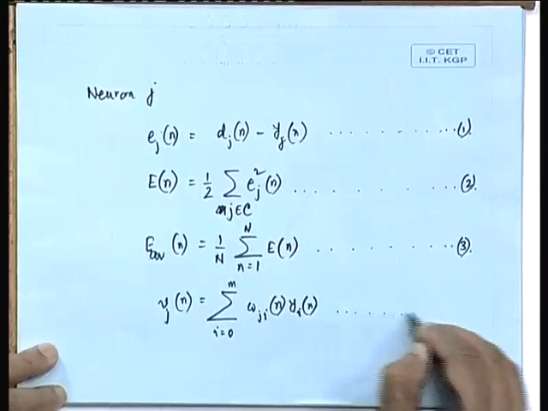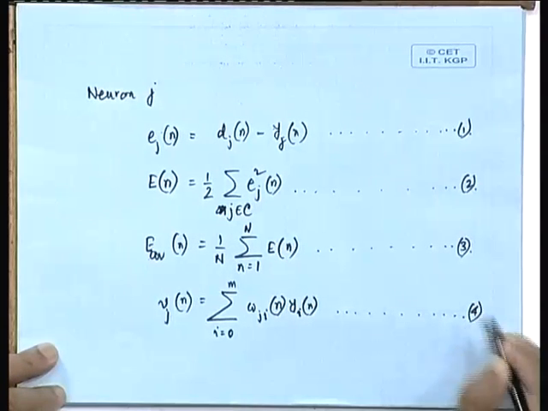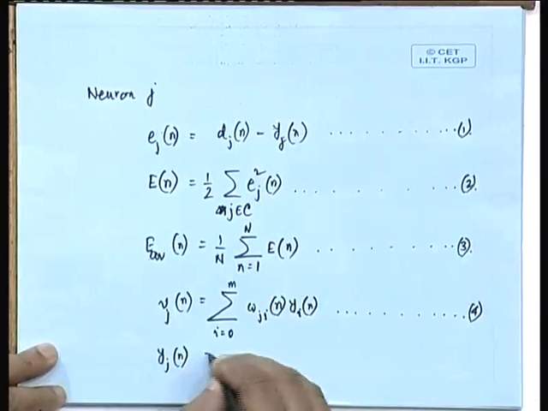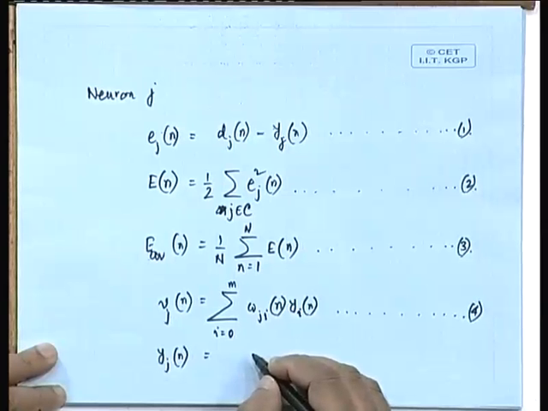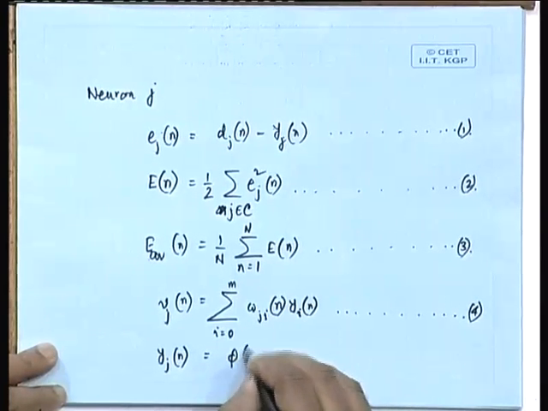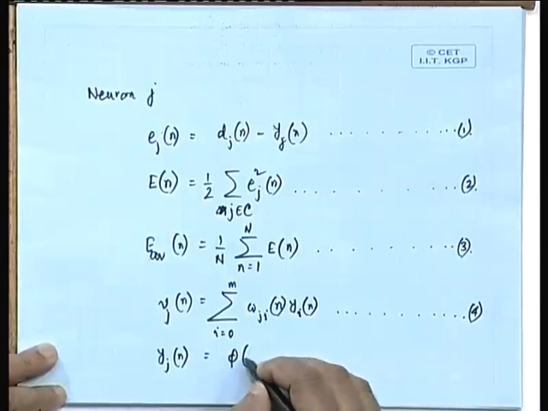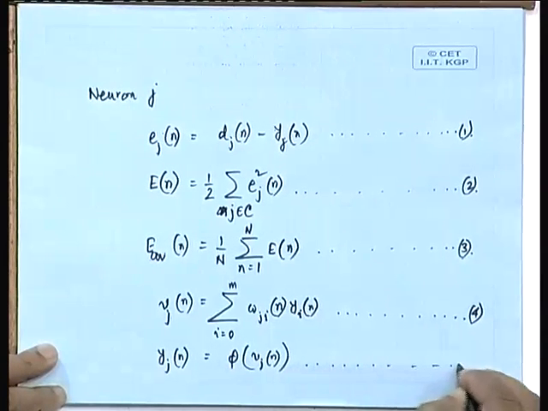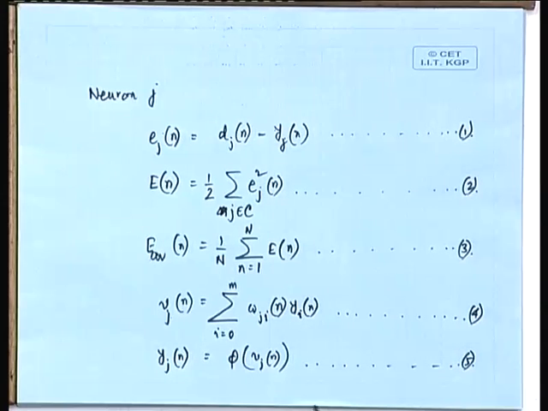So, this we are calling equation number 4, and the actual output y_j(n) is to be written as the activation function phi of v_j(n), and this is equation number 5.